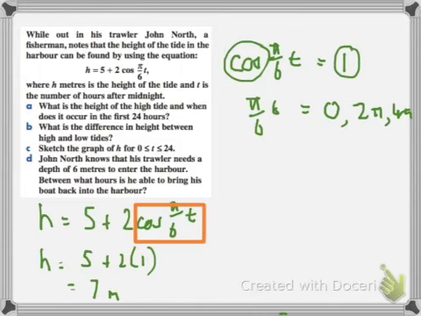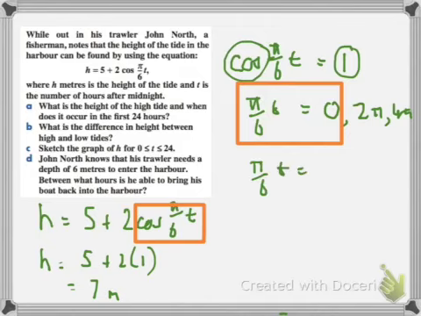So the first time it's going to occur is when pi on 6t equals 0. So we need to solve that little equation. Multiply 0 by 6, we get pi t equals 0. T equals 0 divided by pi.